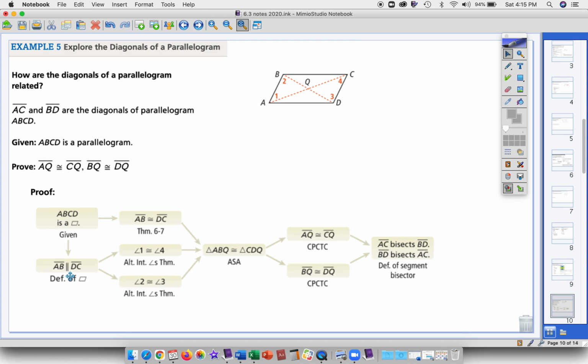The fact that we have parallels gives us alternate interior angles that are congruent. We can therefore say the triangles are congruent by ASA. Then we have corresponding parts that are congruent. And that leads us to the end of the proof, where we can say that the diagonals do bisect each other, and that's by definition of a segment bisector.